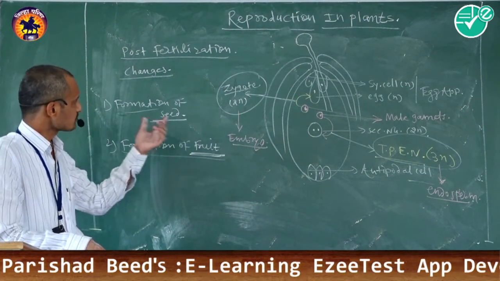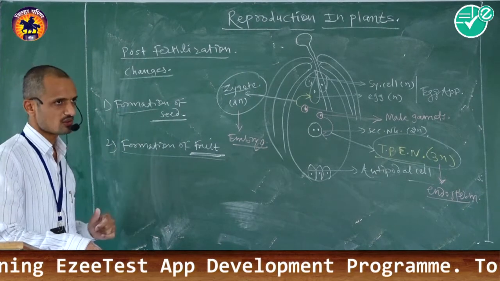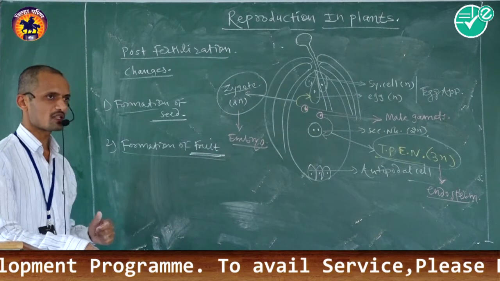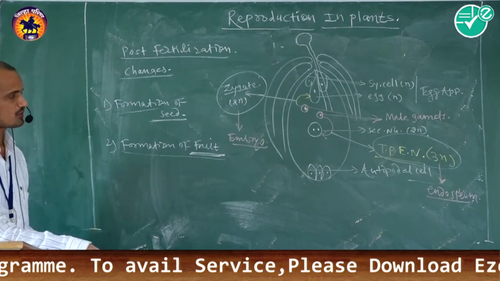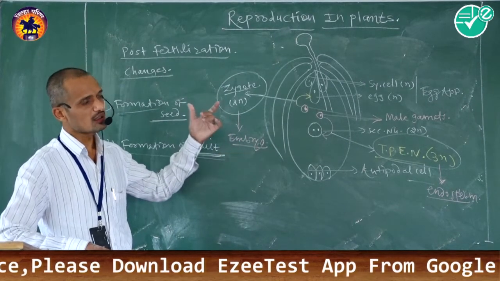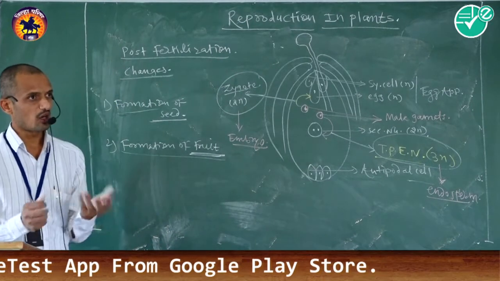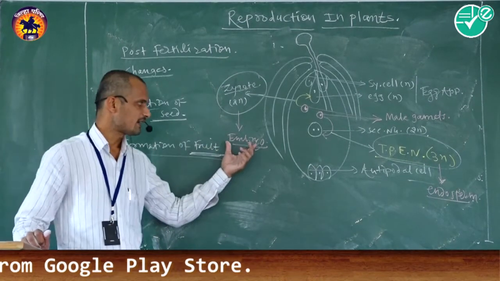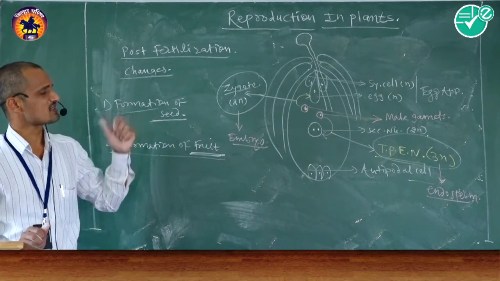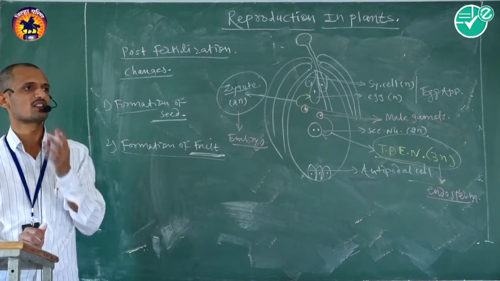That is the formation of seed. Formation of seed includes the following steps: formation of embryo as well as formation of endosperm. During seed germination, the embryo becomes active and emerges, forming the seedling.